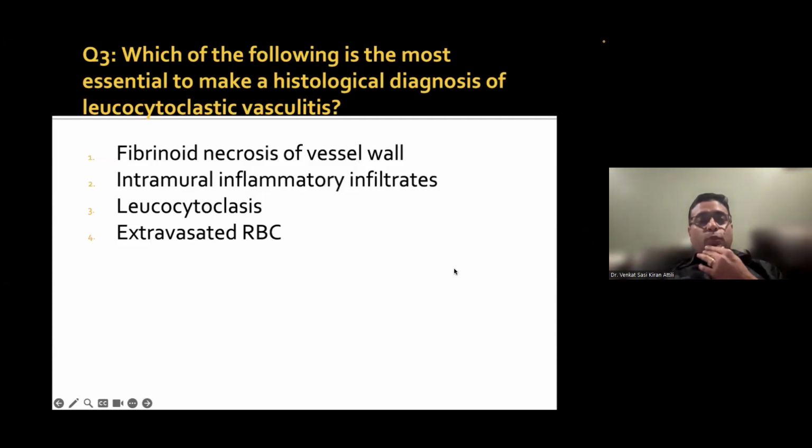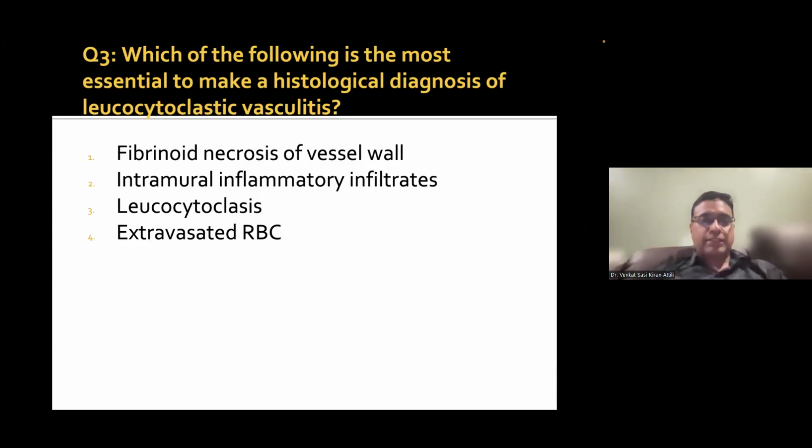Which of the following is most essential to make a histological diagnosis of leukocytoclastic vasculitis? Your options being fibrinoid necrosis of the vessel wall, intramural inflammatory infiltrates, leukocytoclasis, and extravascular RBC.